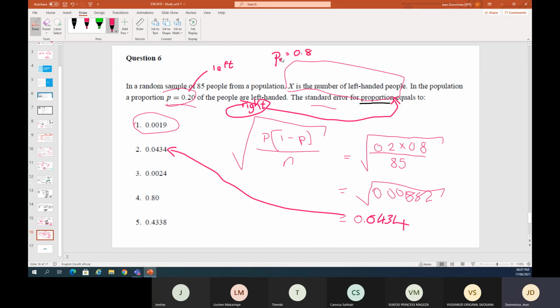Okay, so if 0.2 of the population is left-handed, the rest are all right-handed. So if 0.2 is left-handed, 0.8 will be right-handed.